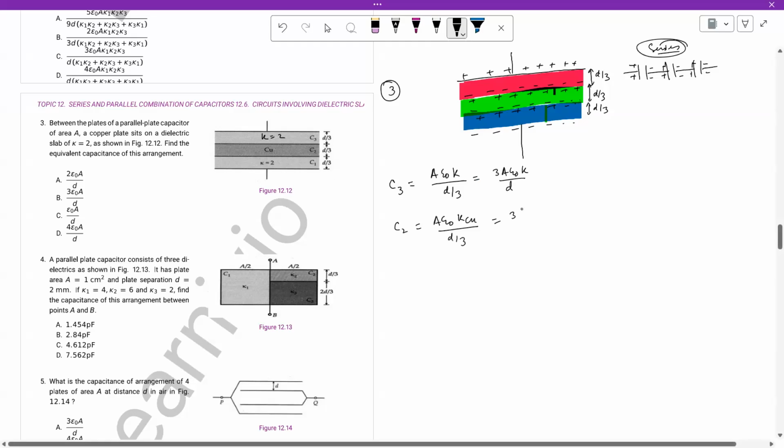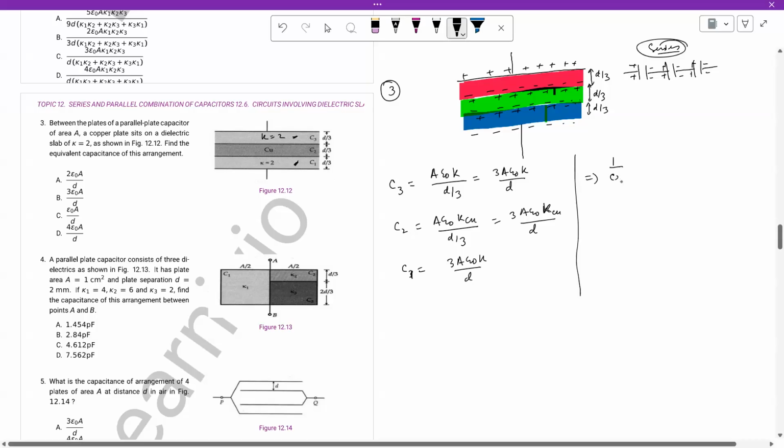So this would be 3 A epsilon naught K of copper divided by d. And C1 is again 3 A epsilon naught K by d. Both have the same dielectric, same color, so their dielectric is the same. Now, all of these connections are in series.